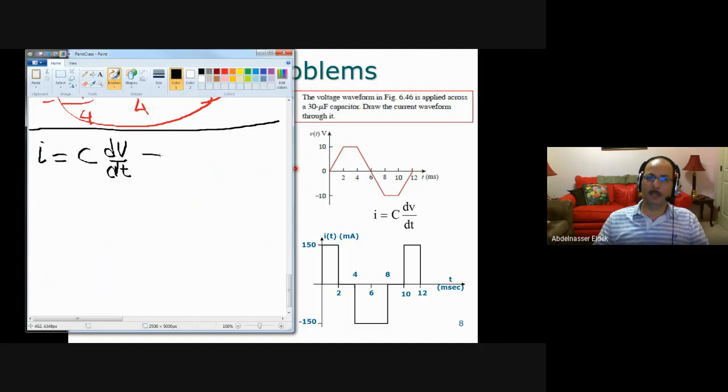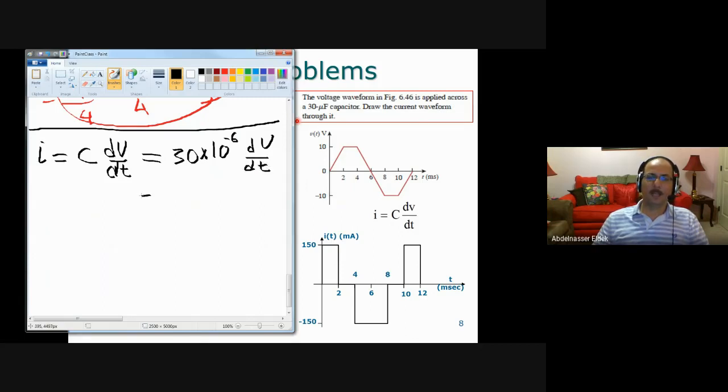Then C equal 30 microfarad, 10 to the power of negative 6, times dV by dt. That's it.